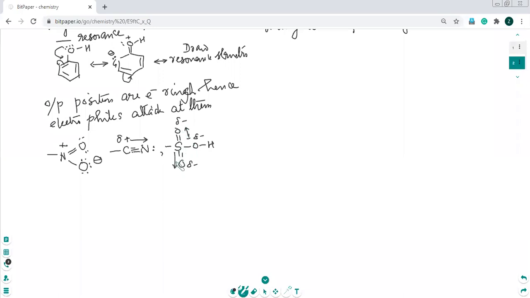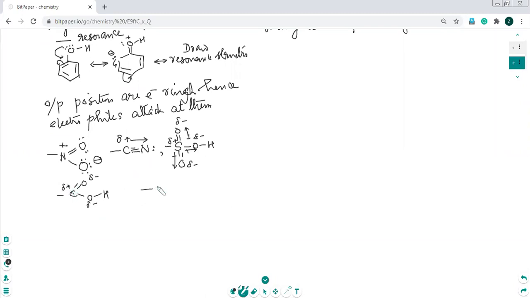So all the electrons are moving away from the sulfur. So the sulfur is delta positive. Okay. Then a carboxylic acid group, COOH. Again, see here. This is delta negative. This also is delta negative. This is delta positive.